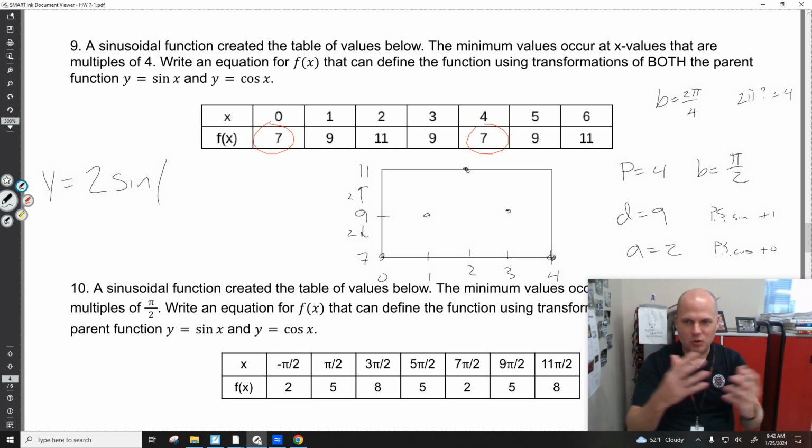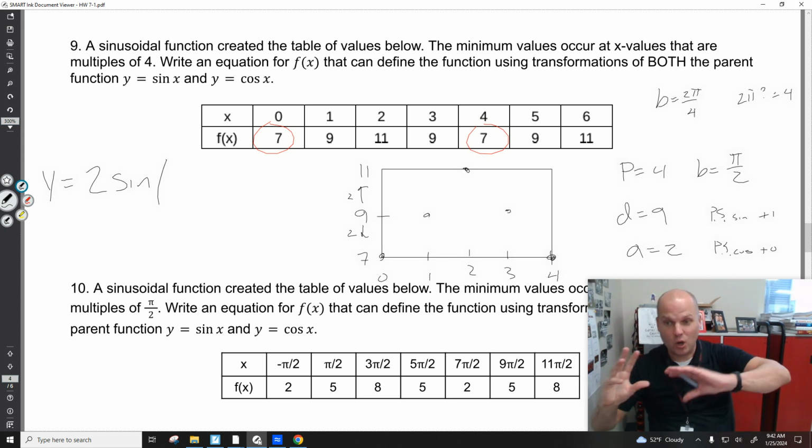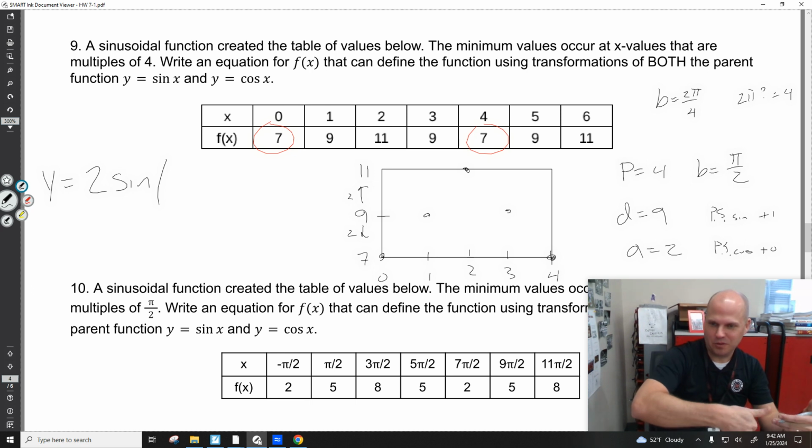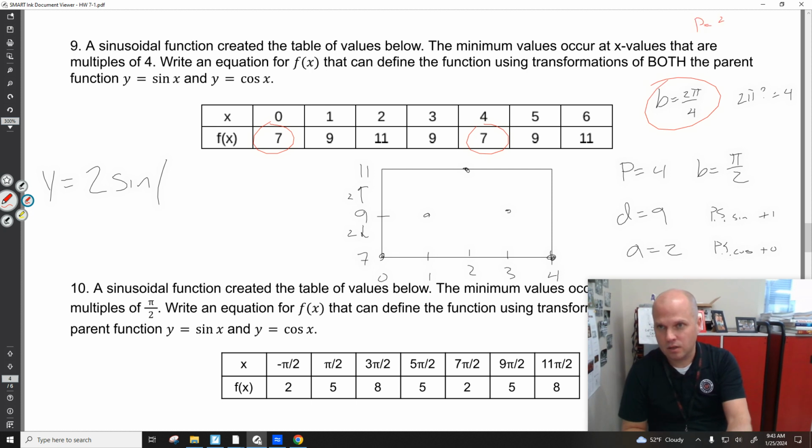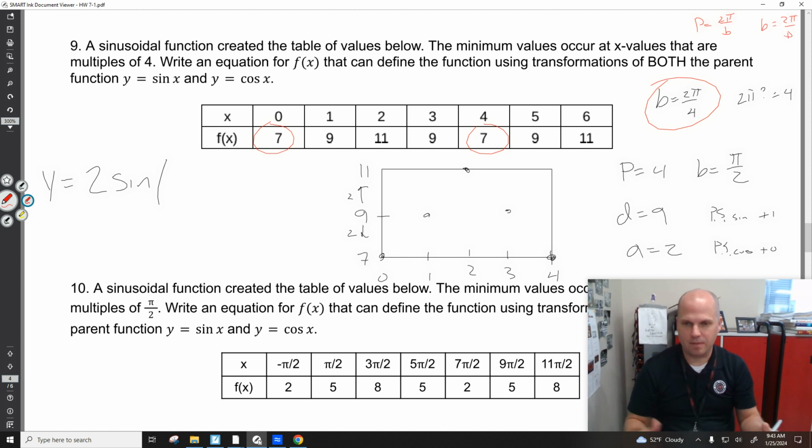If I want to multiply by 2 over pi, what goes in the equation will have to be pi over 2. It's very confusing to talk about, but it should make sense with our idea of inverses inside our function, horizontal dilations and translations, or period equals 2 pi over B. Again, dilate things, and then B equals 2 pi over the period. It's the same thing.